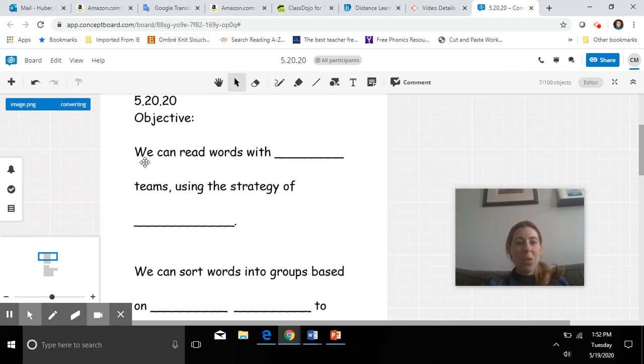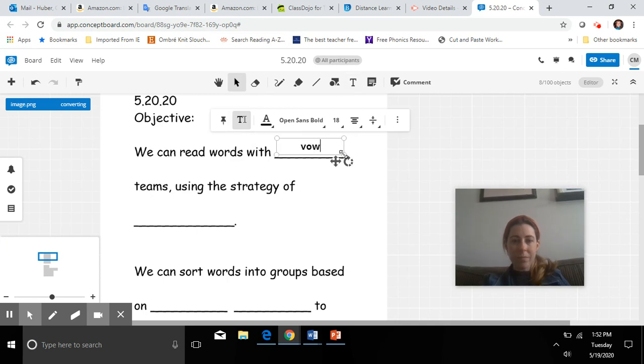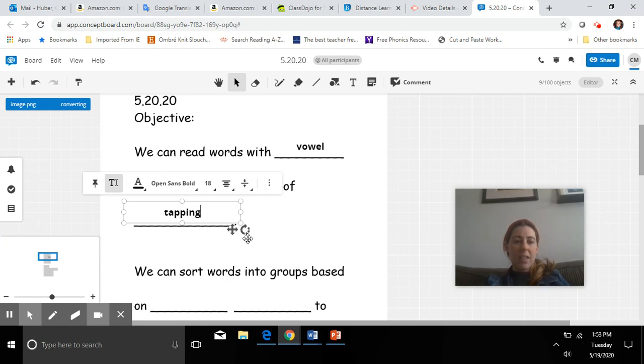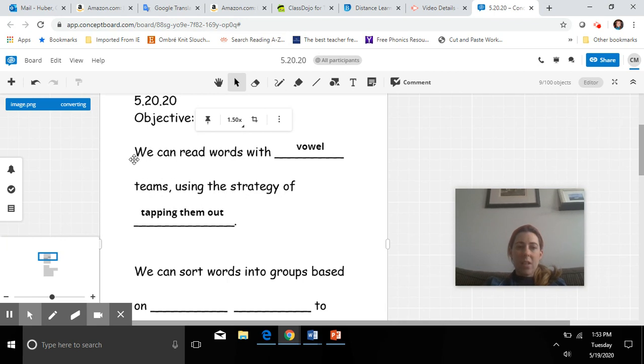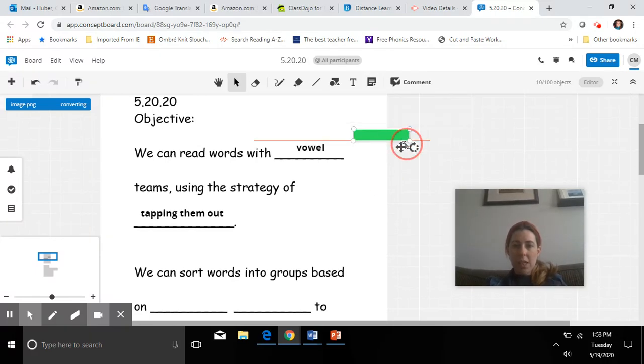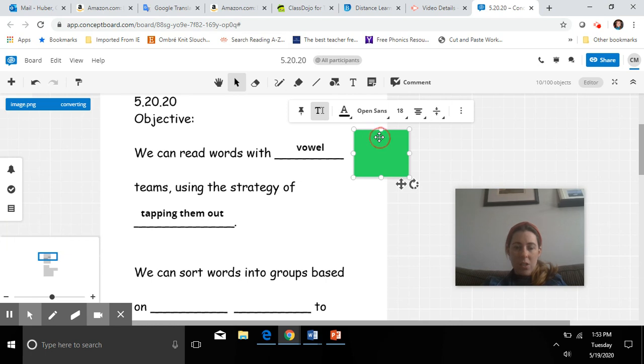What we will do, we can read words with vowel teams using the strategy of, you know this one, we use this strategy every time we are reading, tapping them out. Okay, so I said today we are going to practice with 3 new vowel teams.